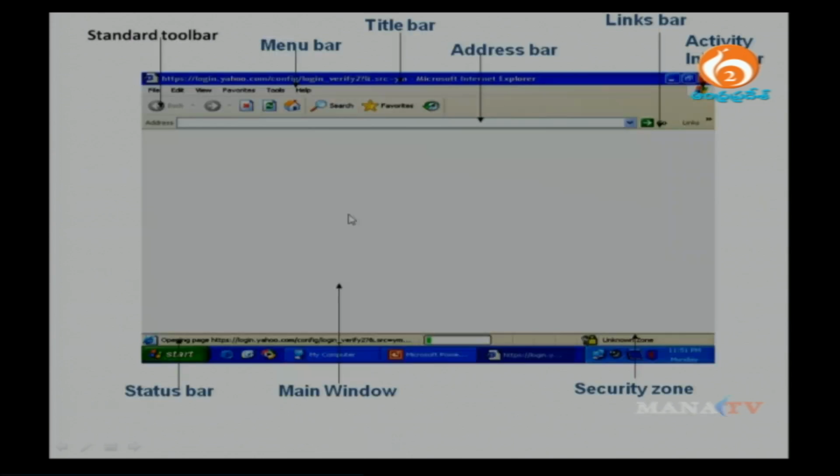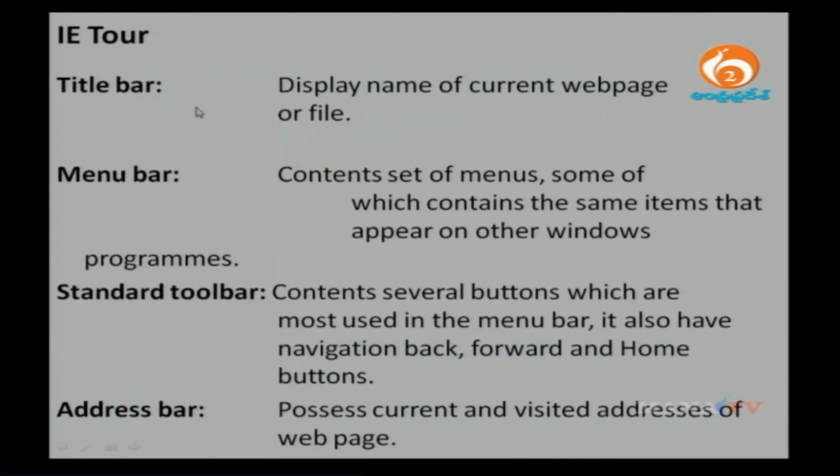As we see, this is the menu bar. These are the menu items: file, edit, view, and help. This is called a menu bar.